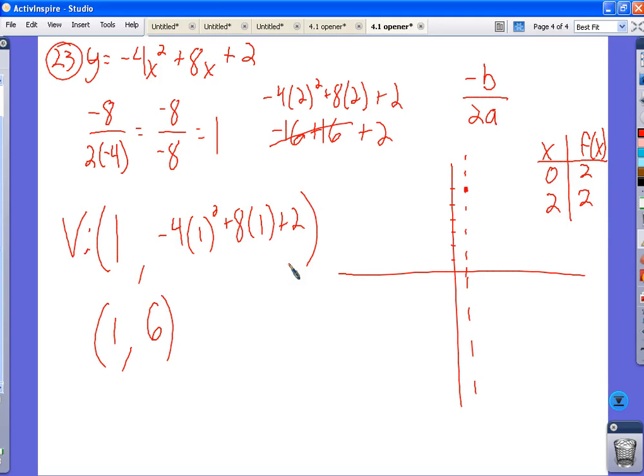So why is there just a 1? Because we did negative b over 2a, and that comes out to be positive 1. Okay, that's where that came from.